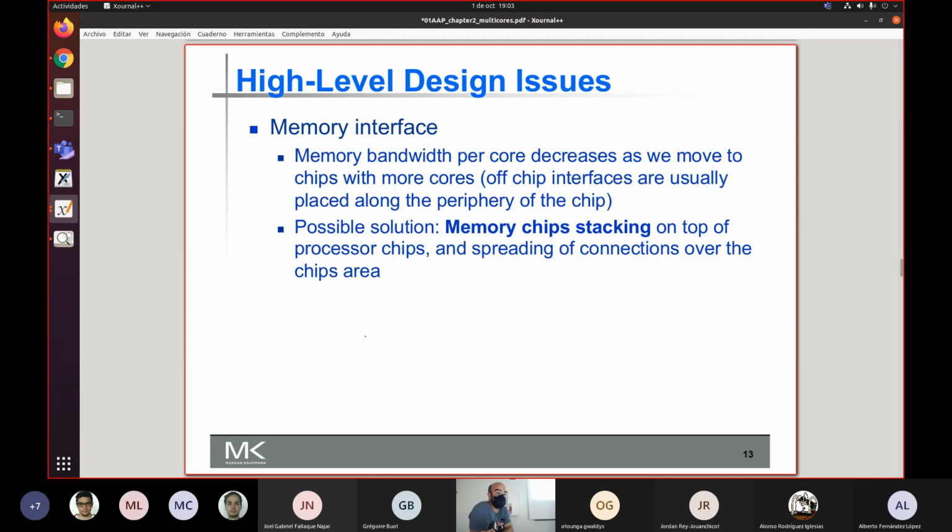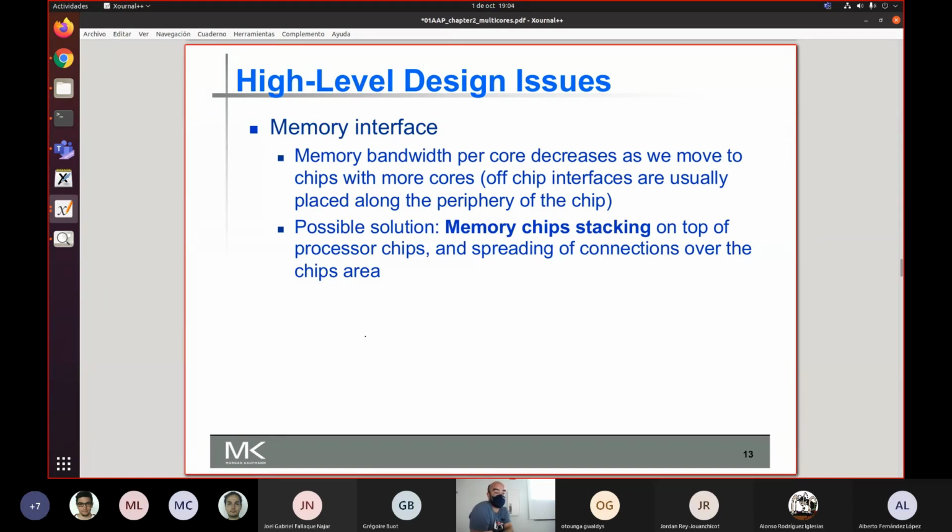If they are running things at the same time and generating memory accesses, obviously this is putting lots of pressure on memory. So you have to find ways to make this effective in the chip. And one solution for this is stacking the memory chips on top of the processor chips and spreading this way the connections over the area of the chips.